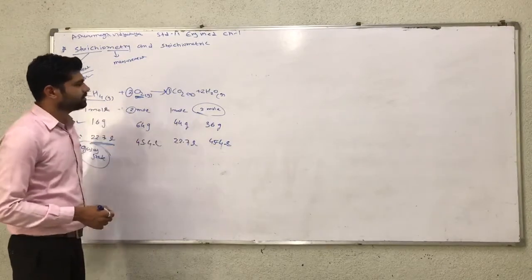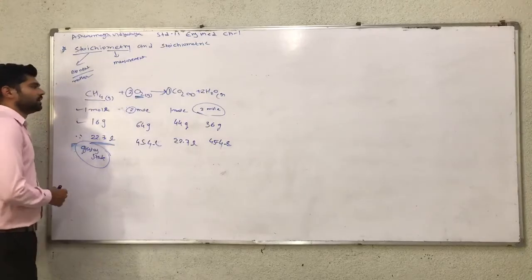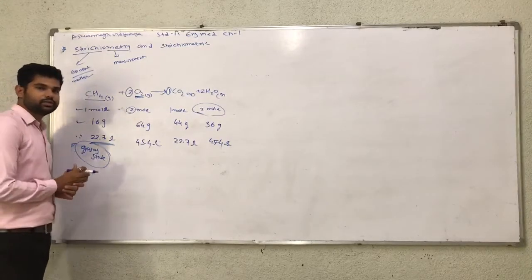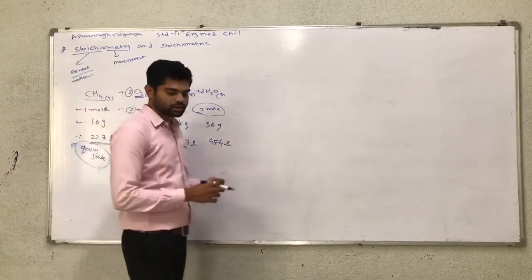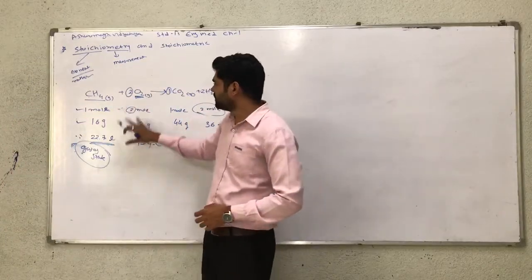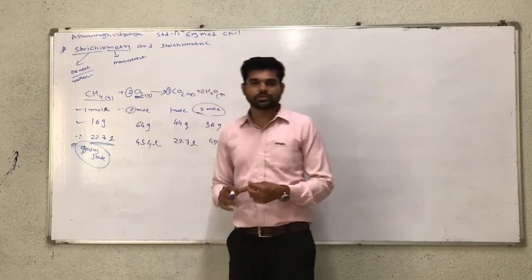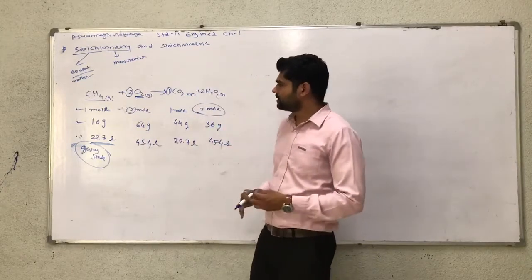So in this reaction we have to find how many moles combine on the reactant side and how many moles are produced on the product side. So according to this principle, here are some examples of this equation.